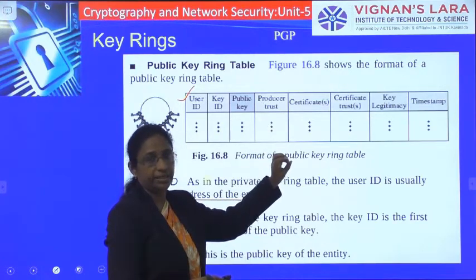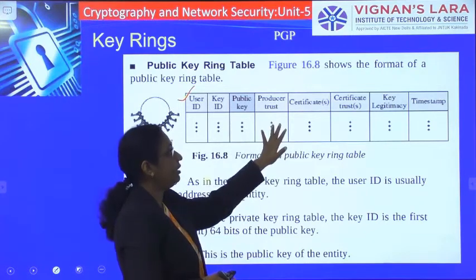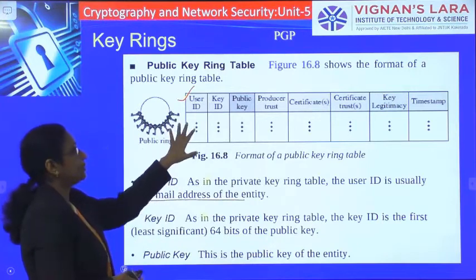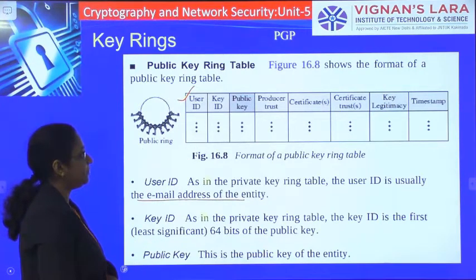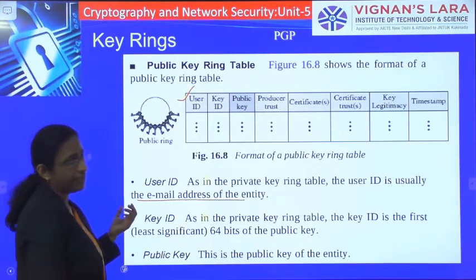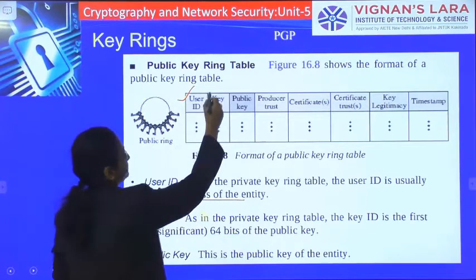For each entity, the PGP maintains all this information. The first piece of information that the PGP maintains is the user ID, which is nothing but the email address of the entity, and then it stores the key ID.